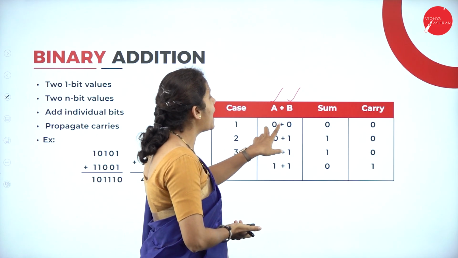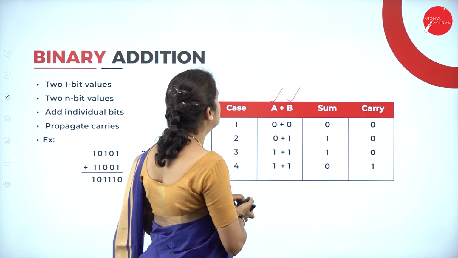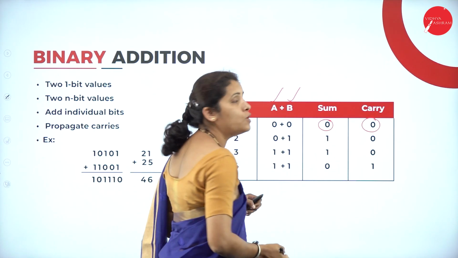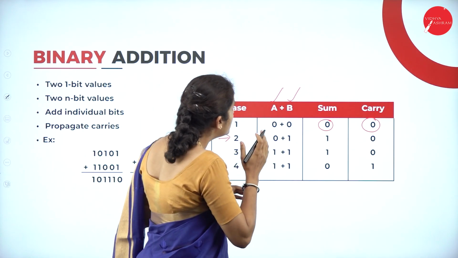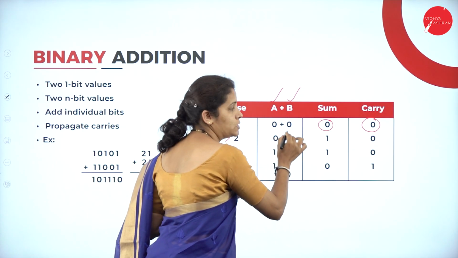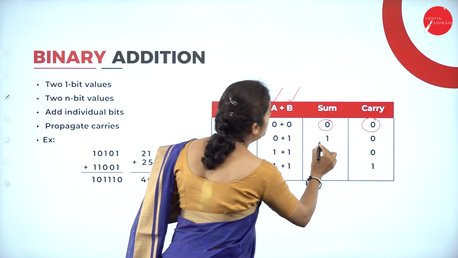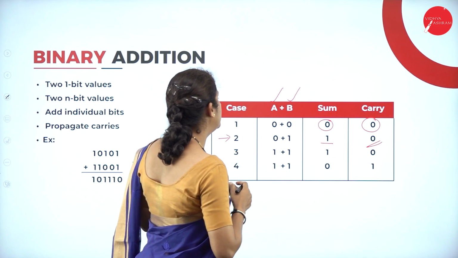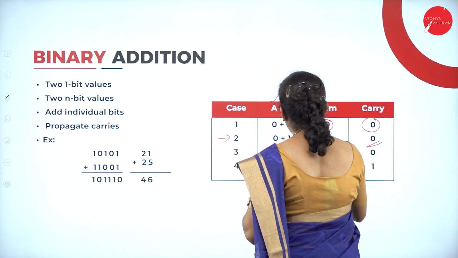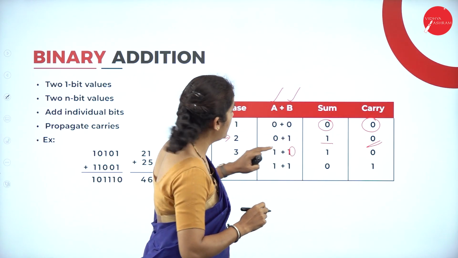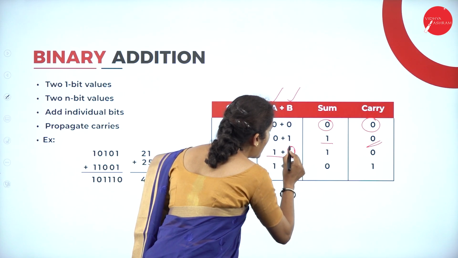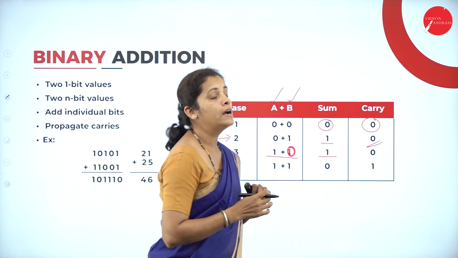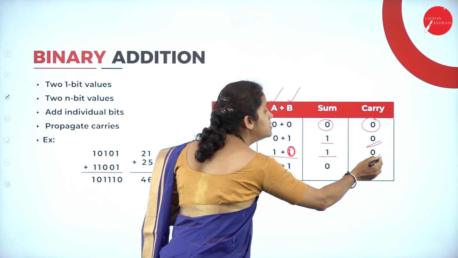Suppose if I have 0 and 0, then the sum is 0 and the carry is also 0. The second case, suppose if I have 0 plus 1, then the sum is 1 and the carry is 0. The next possibility here is, suppose if I have 1 plus 0, then the sum is 1 and the carry is 0.